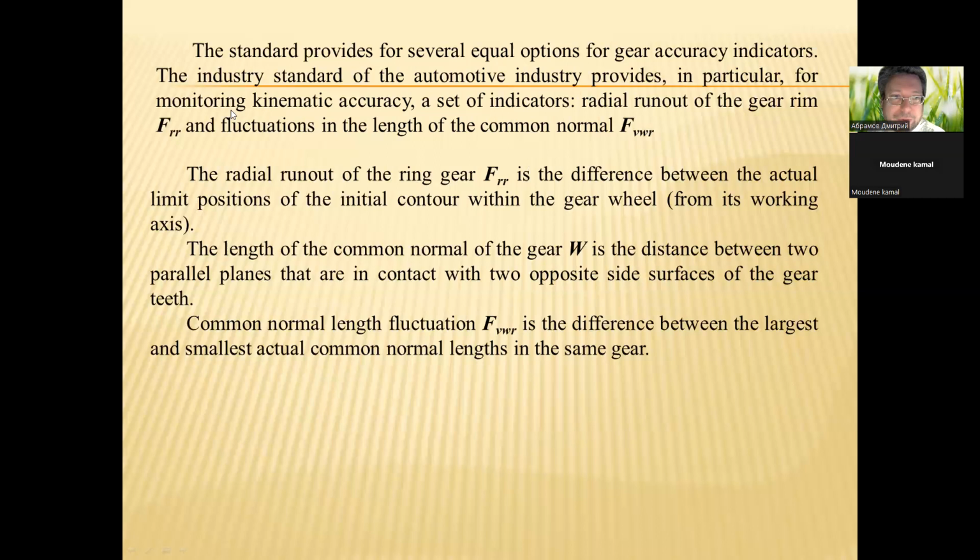Please write down to your notes that for automobile industries used a set of indicators. It's radial runout of the gear rim, FRR, and fluctuations of the length of the common normal, FVWR.